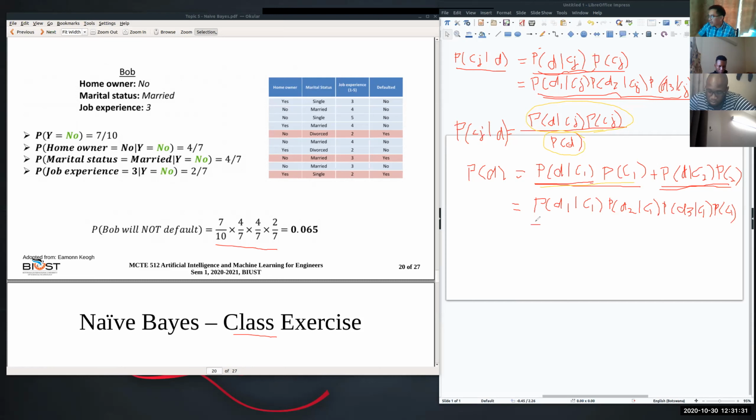Then you add the same thing: the probability of D1 given that yes, he will default, the probability of D2 given that yes, he will default, the probability of D3 given that yes, he will default, times the probability of yes, he will default. Is that correct?